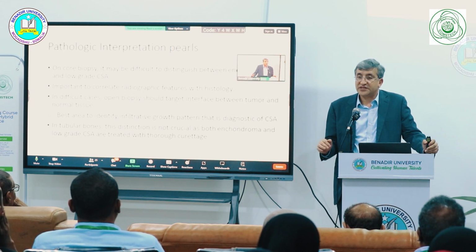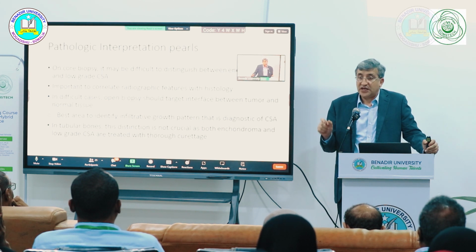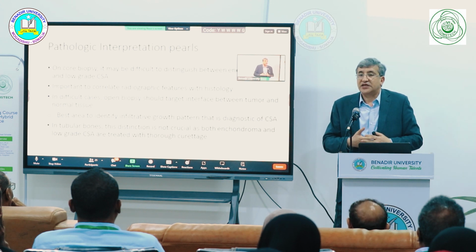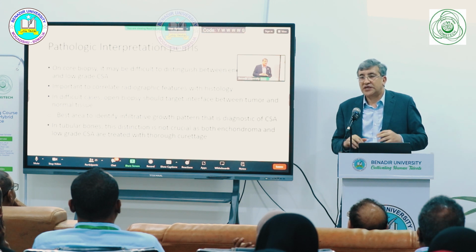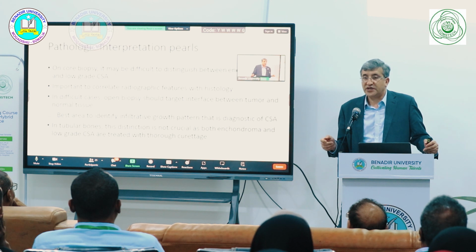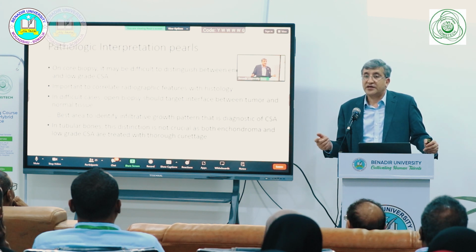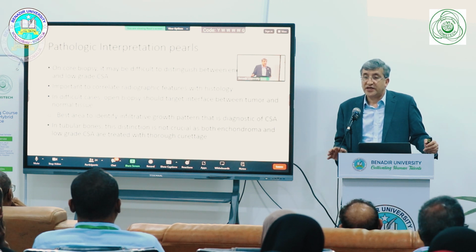Otherwise, enchondromas can also be cellular in young patients. So in long tubular bones, it is okay if you mislabel the grade 1 chondrosarcoma, which is now renamed as atypical cartilaginous tumor.